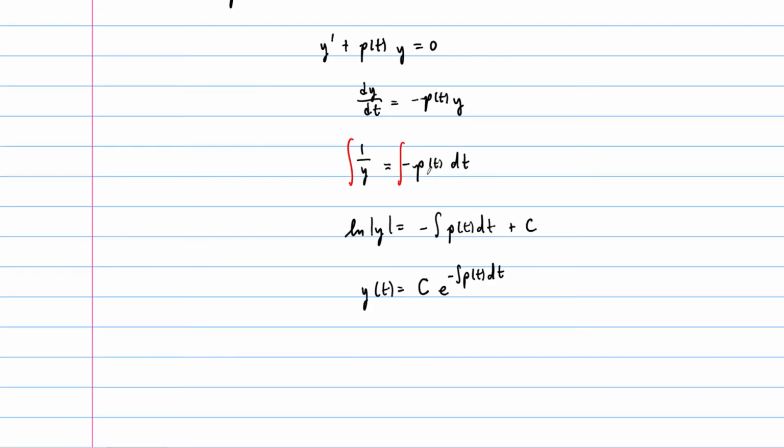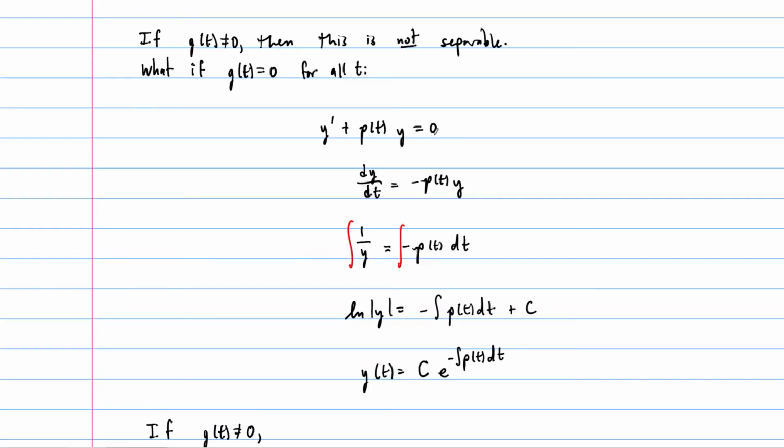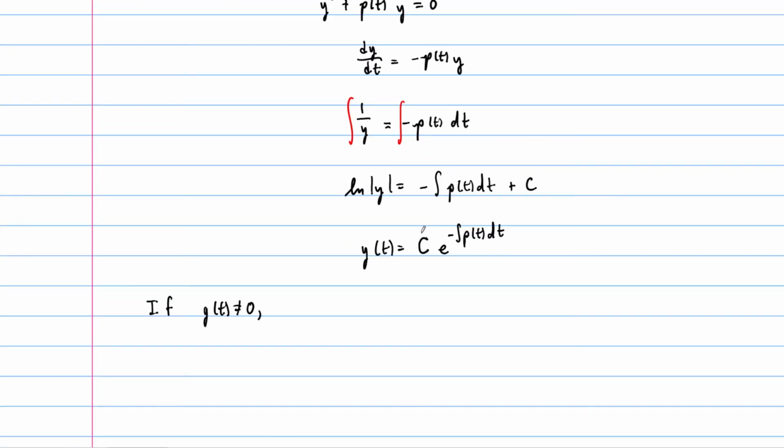Let's now think about this. So if g is not equal to 0, this is where the variation of parameters comes in. So if g of t is not equal to 0, then one way to try to find the solution of the equation where this is not a 0 is to assume that this constant is actually a function of t itself. All right? So if g of t is not equal to 0, then we guess, well, we're going to make this guess, right?